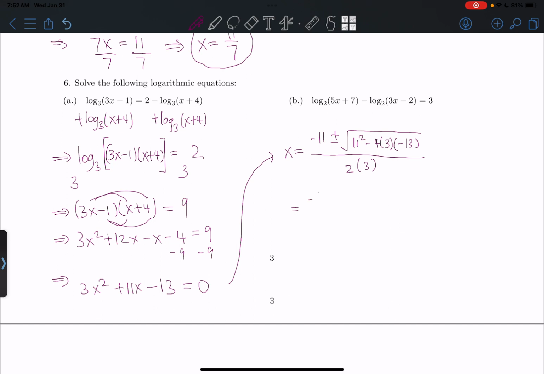And again, as soon as you copy down the formula correctly, the numbers are not going to be too big of a deal because you have calculators.